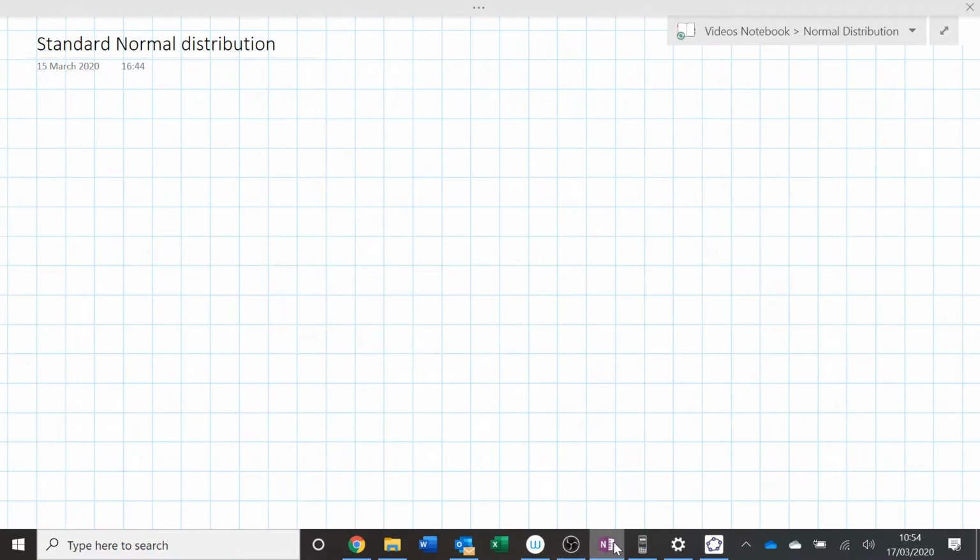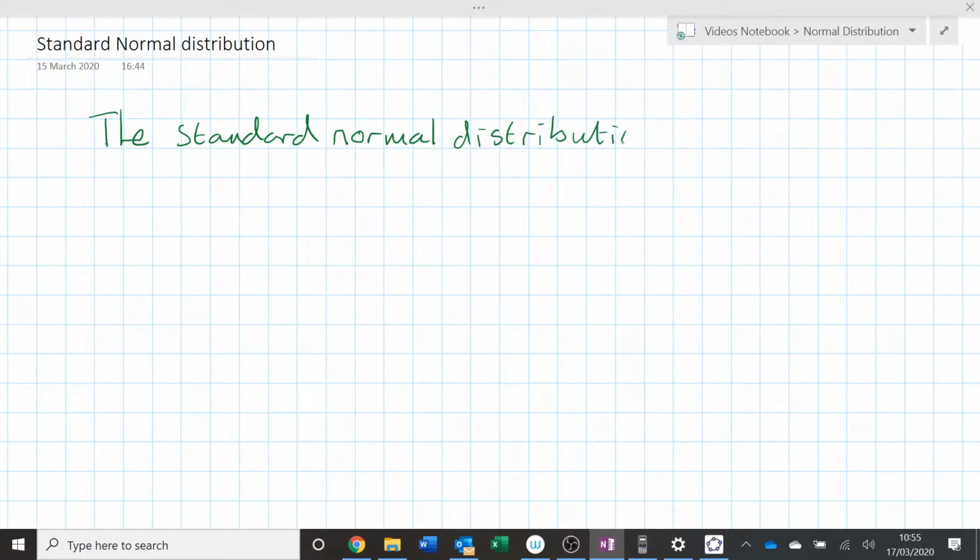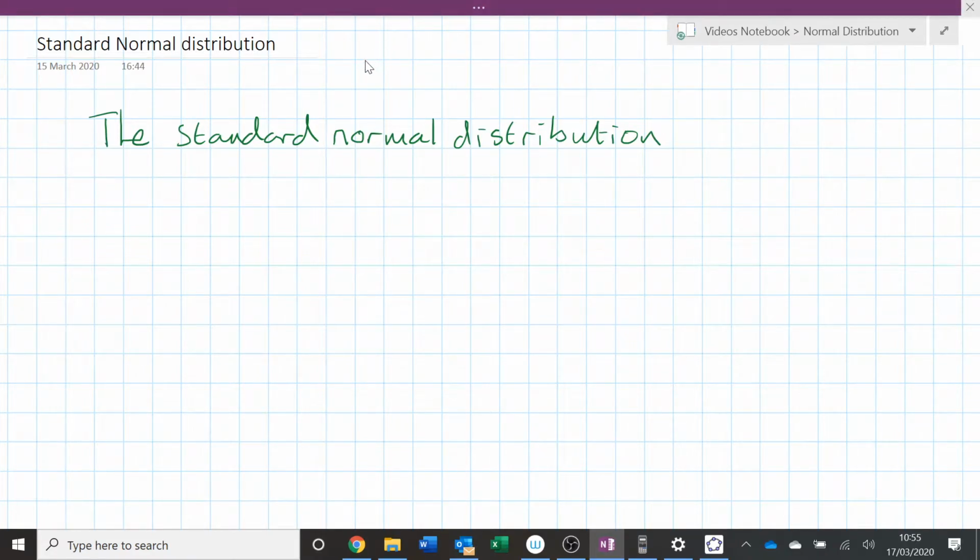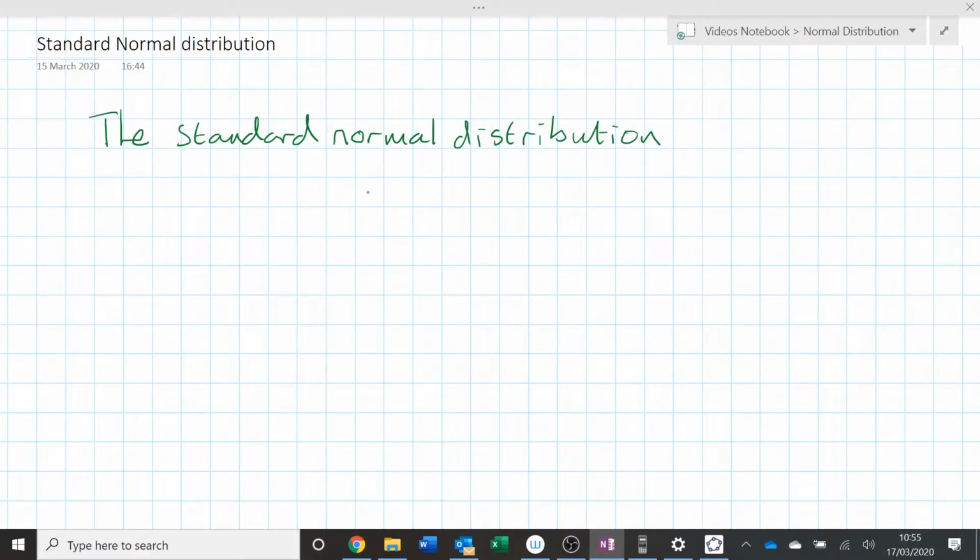So what have we got? Let's write this down. The standard normal distribution is given a special letter, Z, and we reserve that letter Z just for the standard normal distribution.